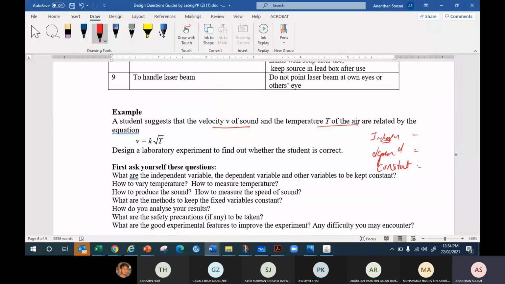Which one are you going to manipulate to prove how the speed of sound is affected by the temperature of the air? How do you conduct the experiment? Which do you vary, which do you measure? Easy to vary what? Temperature, right? Yes. So temperature is going to be the independent variable. Dependent is what? Speed of sound. Variable to keep constant.